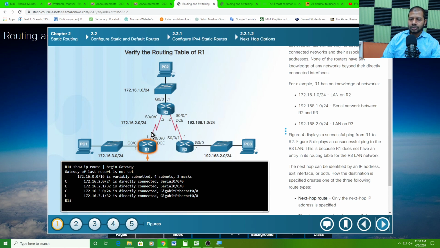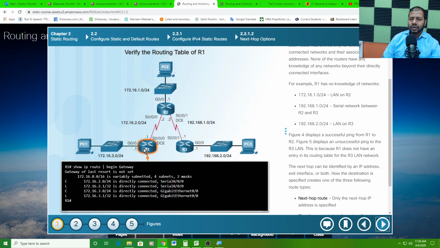How about this network right here, between R1 and R2? That network is 172.16.2.0. This network also R1 is going to learn by itself automatically, because as soon as you configure this serial 0/0/0 interface, it will know which network it belongs to. So these two networks, 2.0 and 3.0, R1 automatically knows.